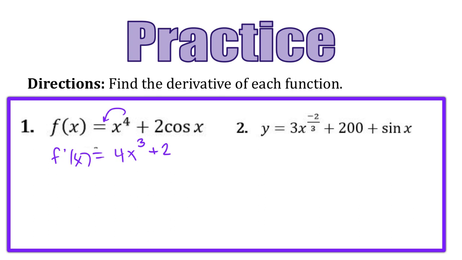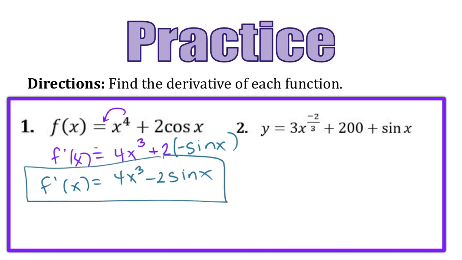And what we learned on the slide before is that the derivative of cosine of x is negative sine of x. And then I'm just going to slightly clean this up. 4x cubed minus 2 times sine of x. Here is my derivative function. So now if I needed to evaluate this derivative when x equals 0 or 5 or pi, all I would have to do is plug it into the function that we found.